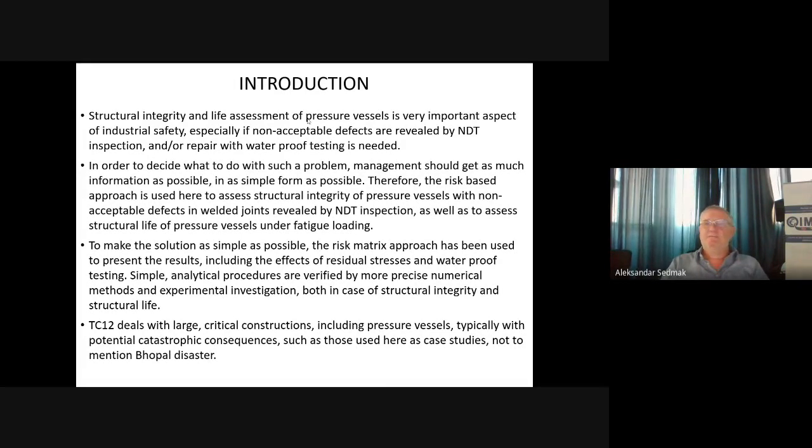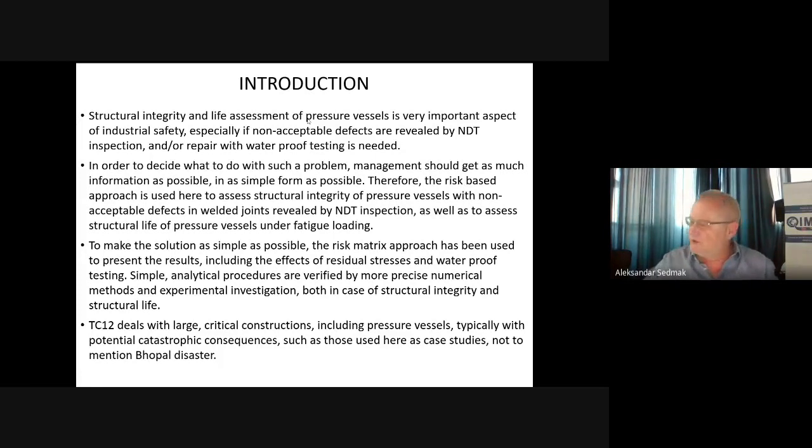Of course, I'm dealing with pressure vessels. This lecture is about pressure vessels, but more specifically, I'm dealing mostly with the situations when non-acceptable defects are revealed by non-destructive testing methods, and then repair with eventual waterproof testing is needed.